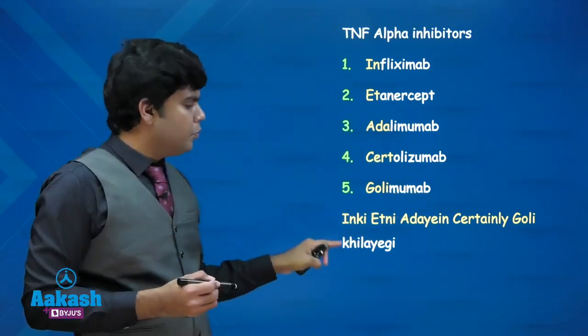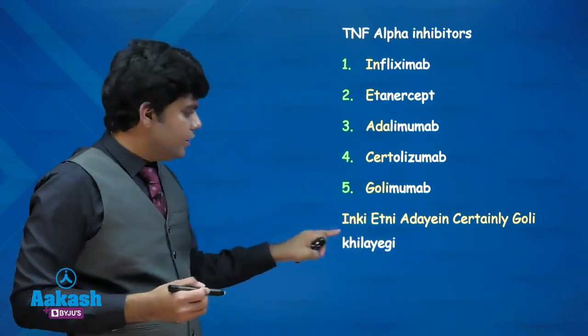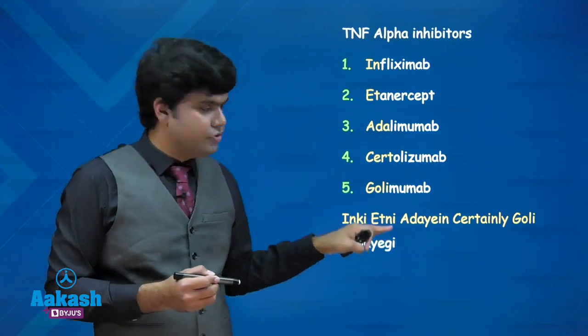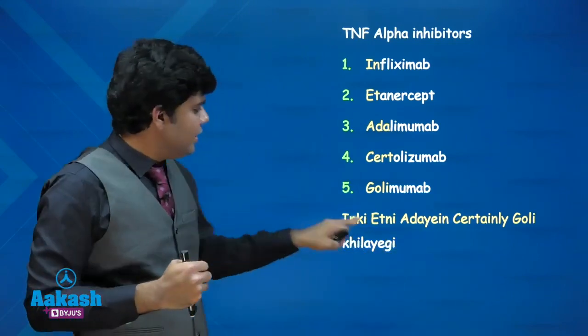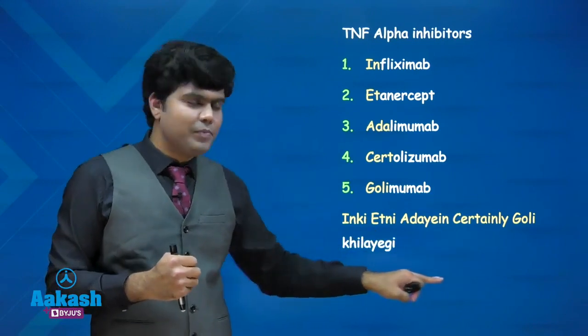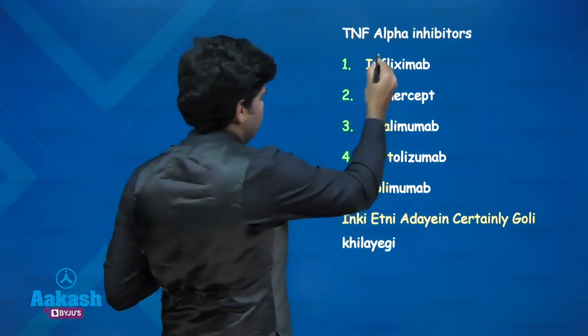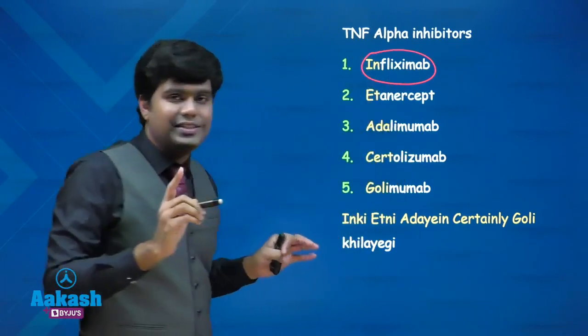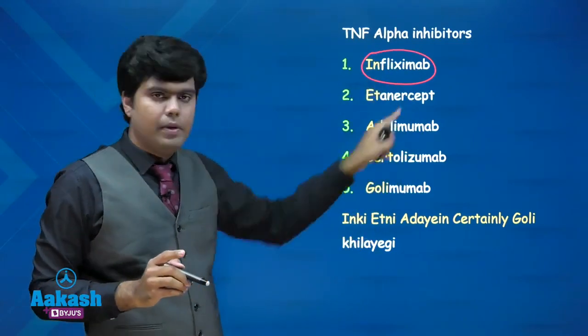So we have got a Hindi mnemonic here. A boy is thinking about a girl and he is telling, inki itni adaye certainly goli khilayegi. Goli is like, so inki itni adaye certainly goli khilayegi. So it's a romantic mnemonic. So inki is infliximab. So it is not just ABCDEFG. So we have some initials. Infliximab.